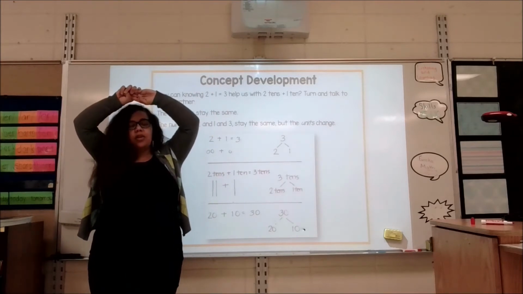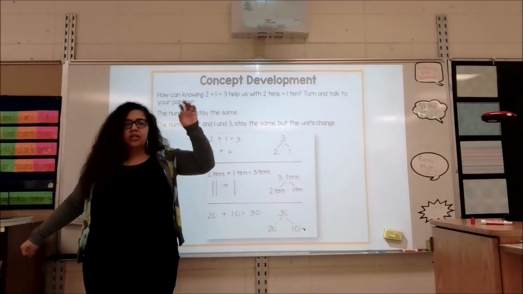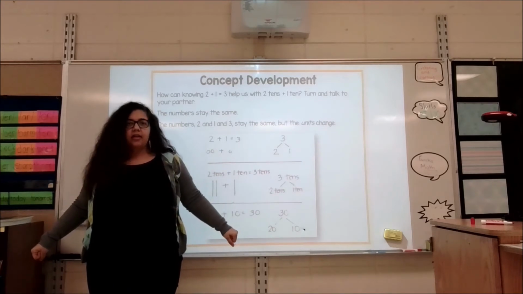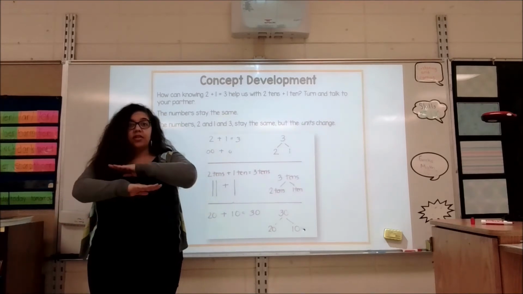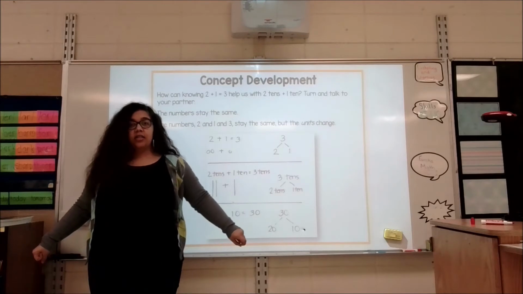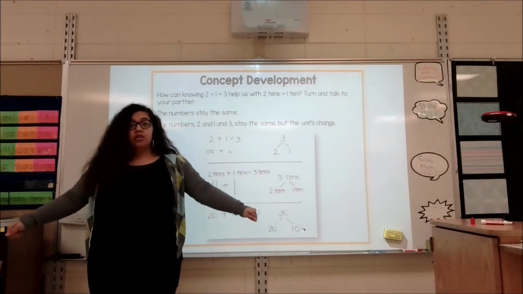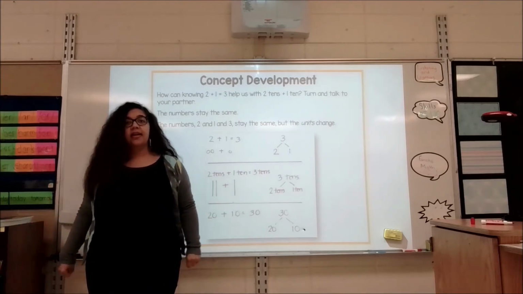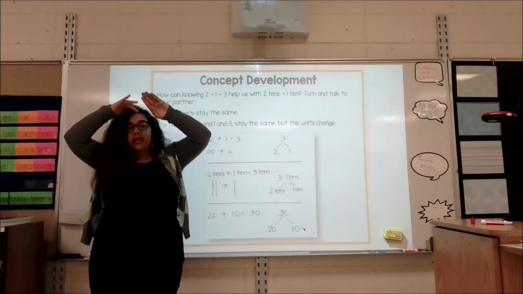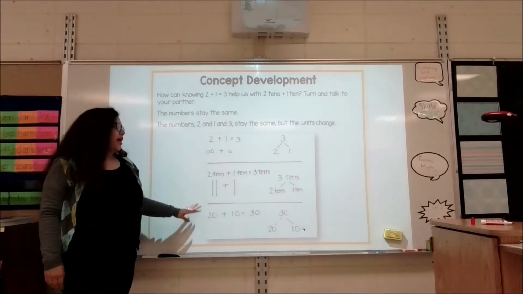Good. So now, won't that same apply if I say 20 plus 10? Because 20 and 2 tens are the same, and 10 and 1 ten are the same, correct? So 20 plus 10 is 30. Good. So that's what we're looking at today.